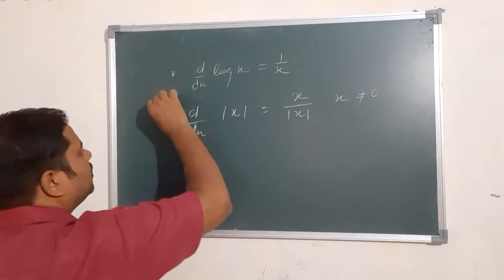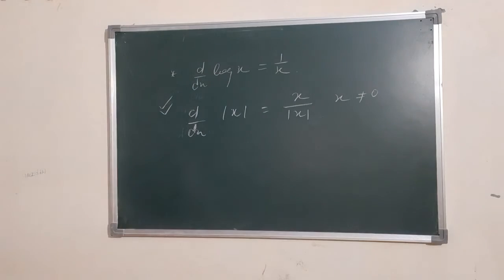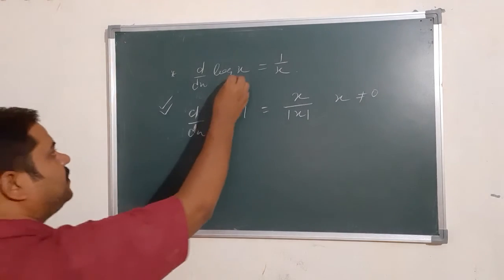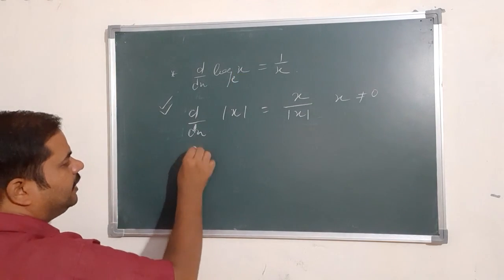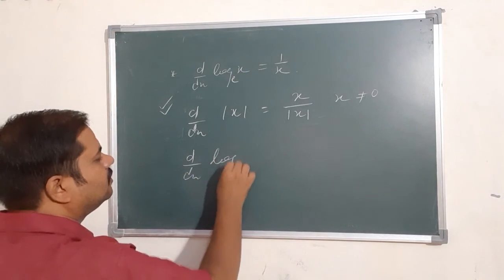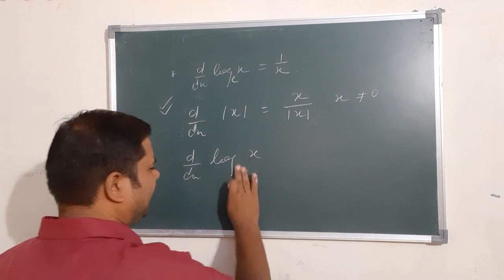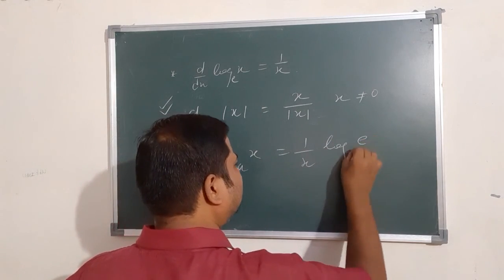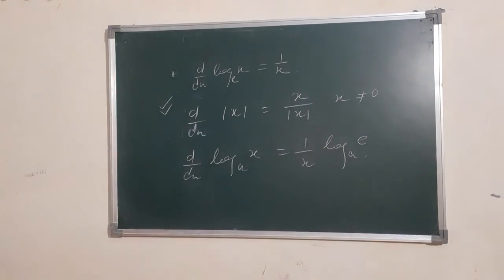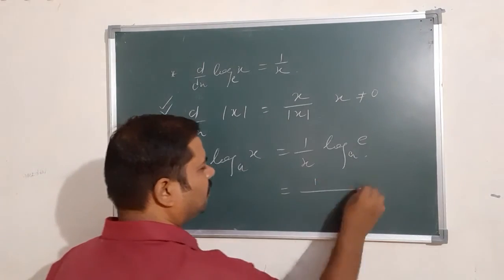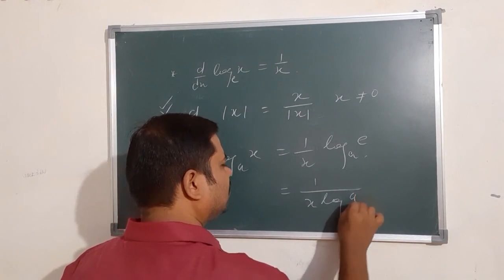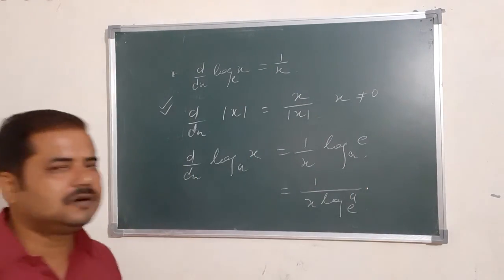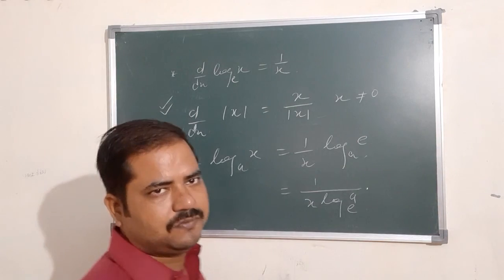This is very important, you note it down. And d by dx of log x base a is nothing but 1 upon x log e base a, or you can write it as 1 upon x log e base e. This is the derivative of logarithmic function.